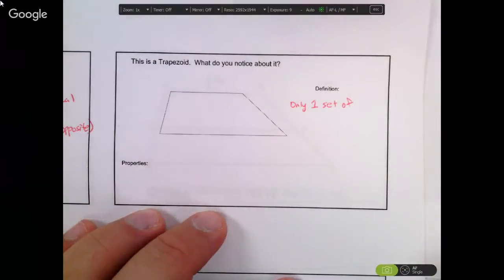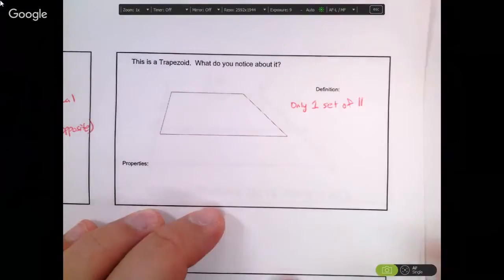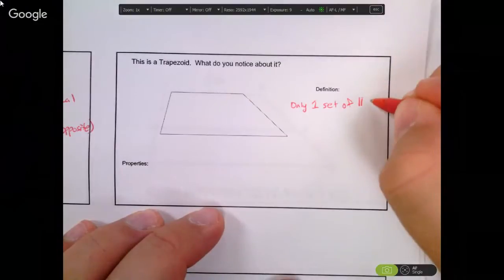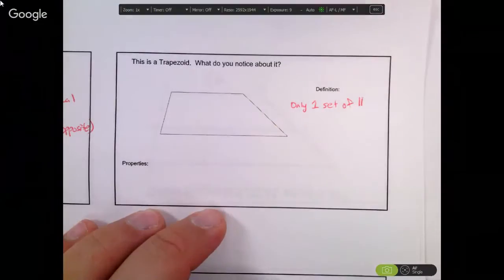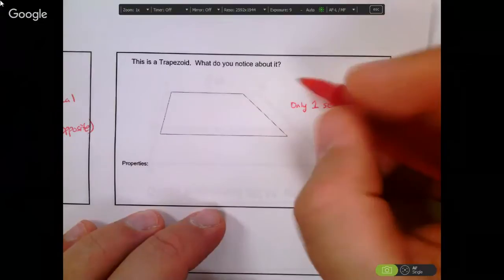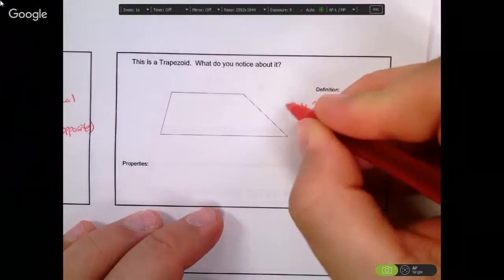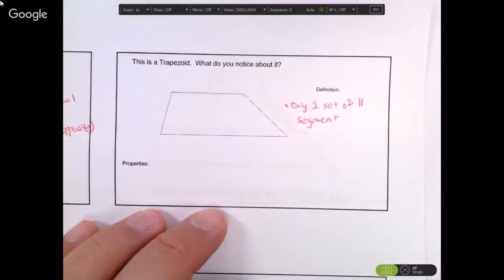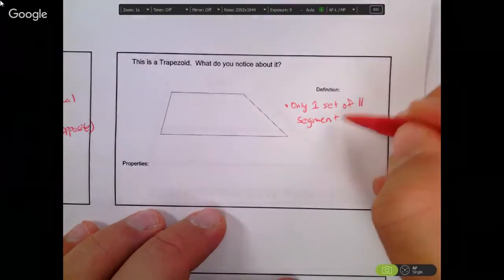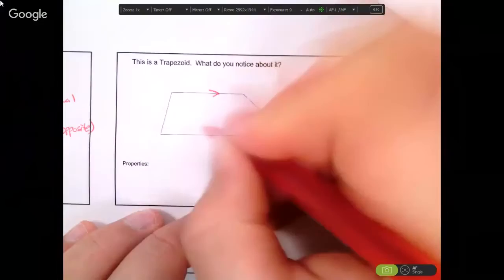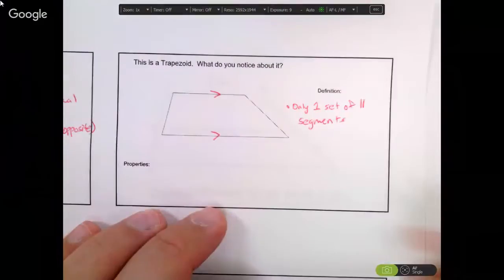The 2 lines like this. Okay, it looks like 11. And they're not lines, they're what? Segments. Because lines go on forever. Okay, only one set of parallel segments. So which is here and here. Yeah, we could say it's a quadrilateral.